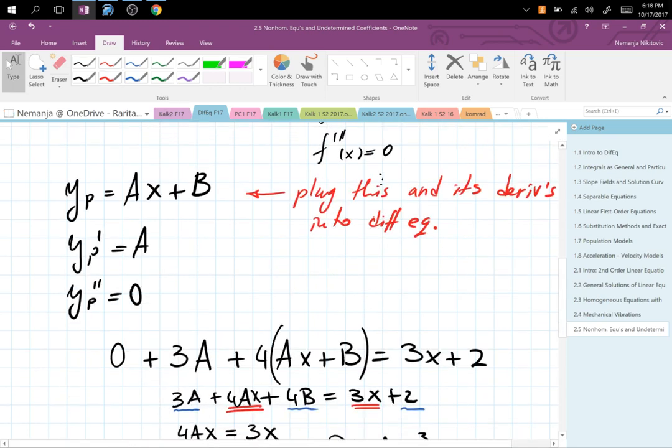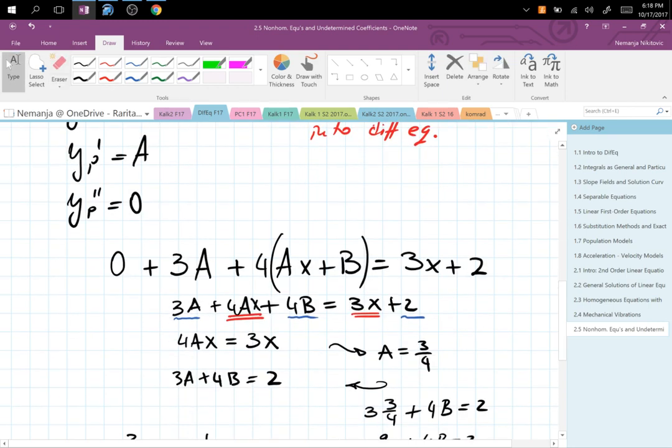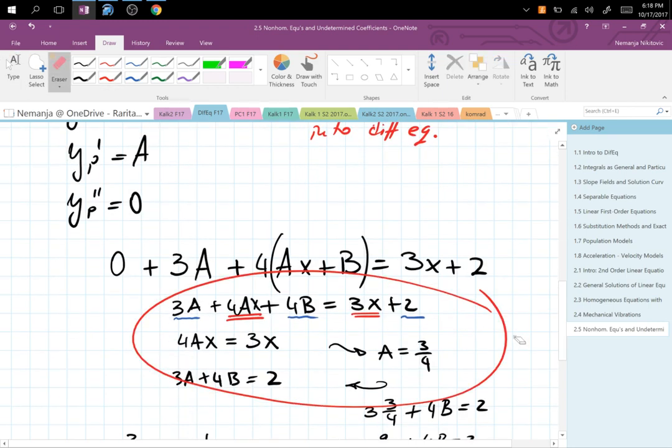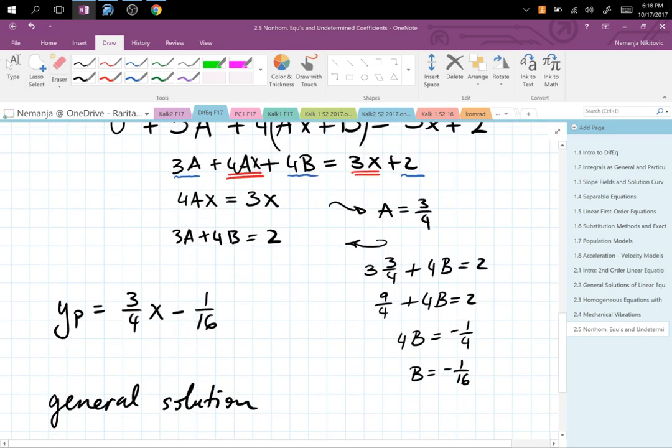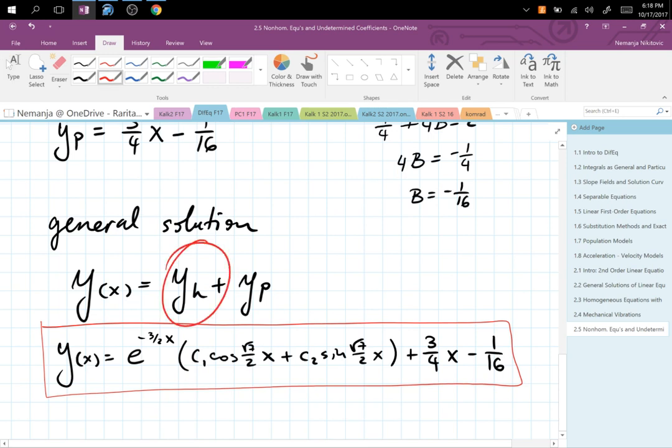Plug that into the original differential equation, keeping the forcing term in this time around. Solve this using the same methods you learned in partial fraction decomposition. Get those A, B, C, however many you have. And finally, at the end, add the homogeneous and particular solutions together to get the general solution for this equation.